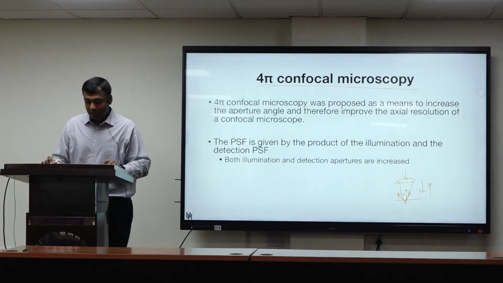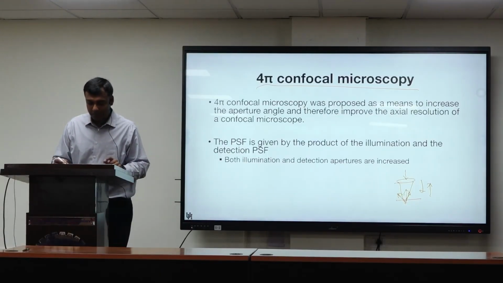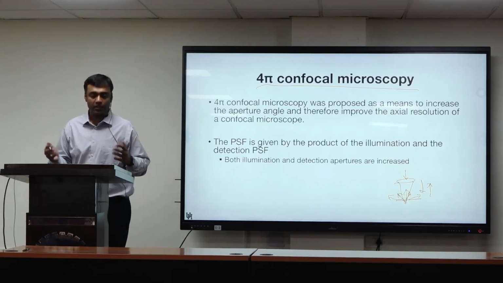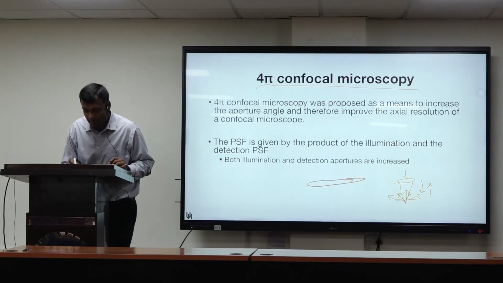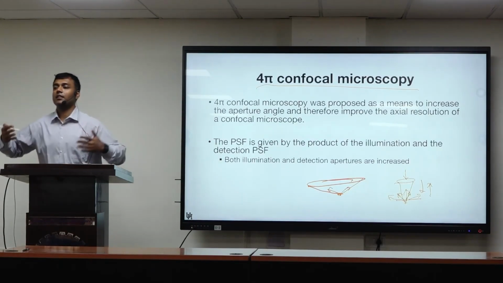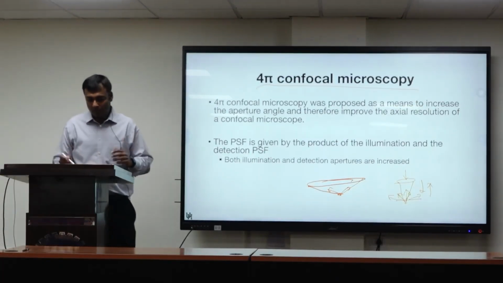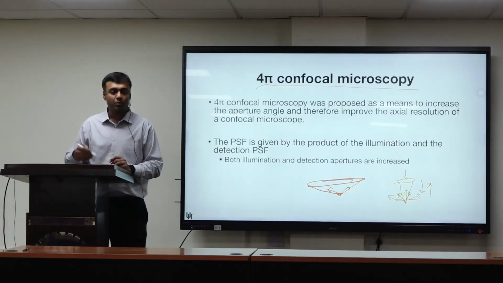Somebody recognized the fact that if you collect more and more angles, then you can get better and better resolution. So you can have a larger lens which focuses onto a tight spot, and you collect more of the angles of light that comes out, right? This is what's called a high NA, high numerical aperture lens.